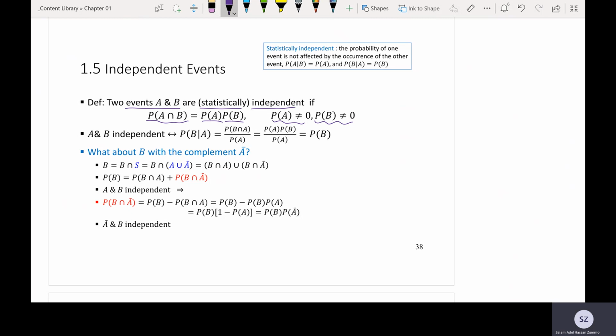It does not change the statistics of B. For example, if B happens with a probability of 0.2, then whether A happens or not, the probability of B doesn't change. It can still happen with 20%. So independent events means that the two events have no relationship between them, as the name says. Is that clear? It's different from mutually exclusive.